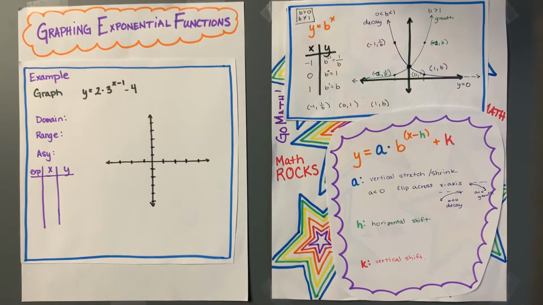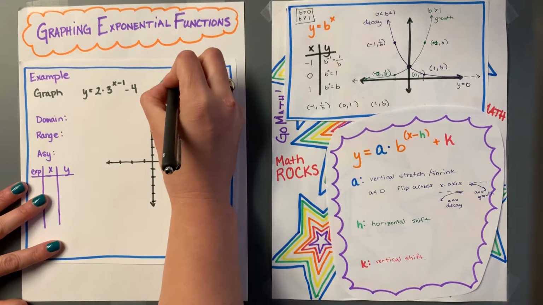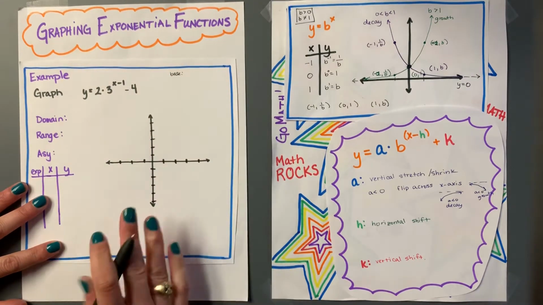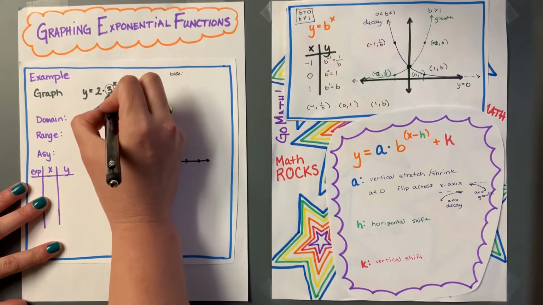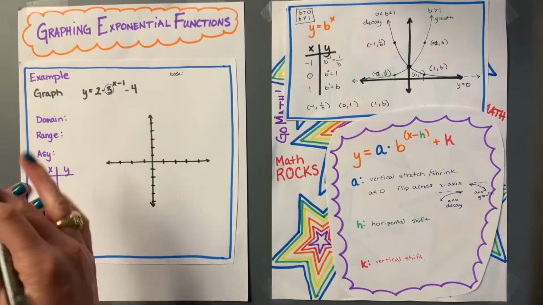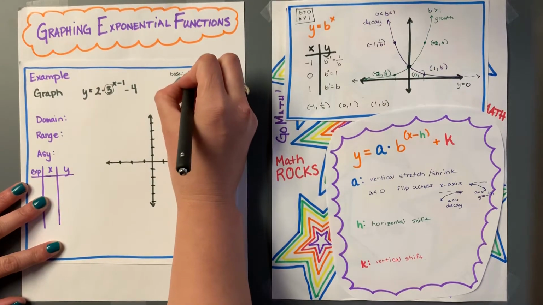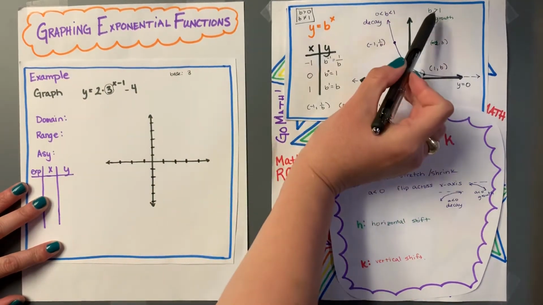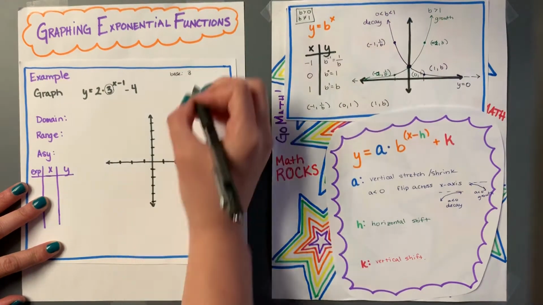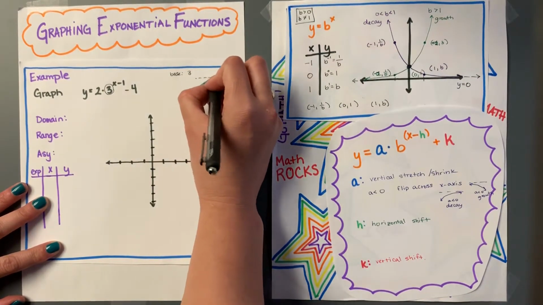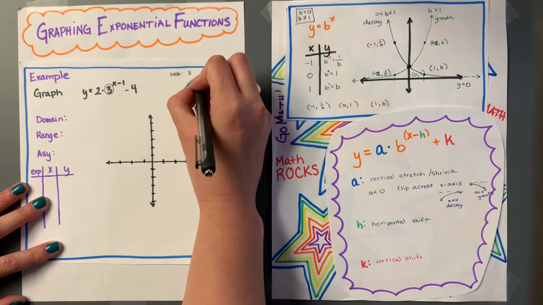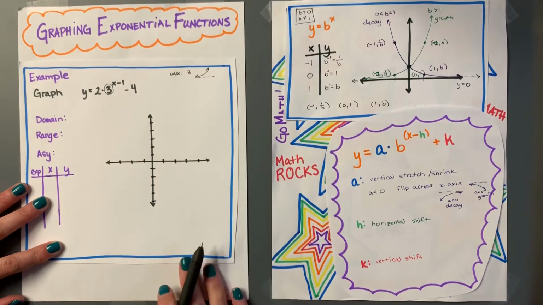So the first thing I like to do is identify the base of my function. I'm looking for whatever's raised to the exponent, so my base is 3. 3 is bigger than 1, so I am going to be looking at an exponential growth situation, a graph that looks like that.